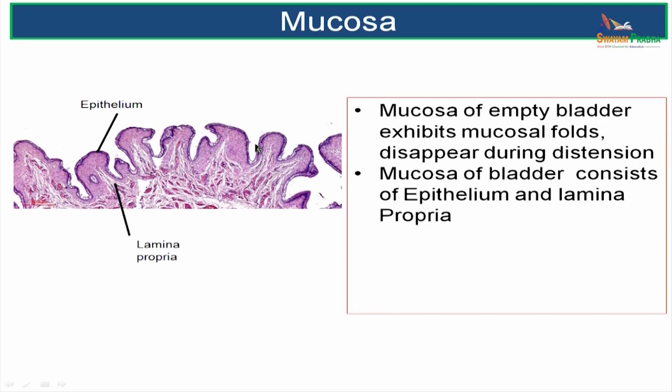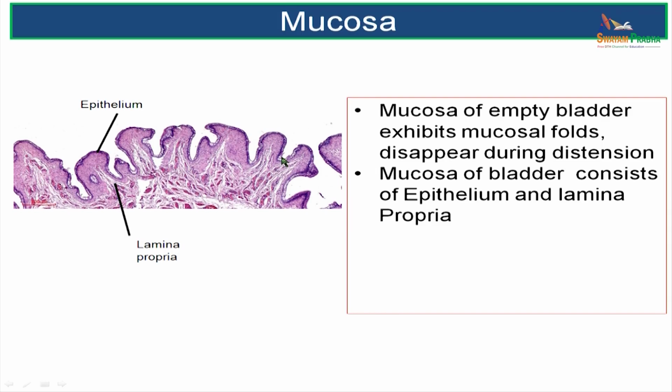Now, we will take up the mucosa of urinary bladder. As we have already learnt, mucosa consists of epithelium and lamina propria. The epithelium is transitional epithelium. Please understand that the mucosa of an empty bladder exhibits mucosal folds, similar to what we have learnt in ureter.